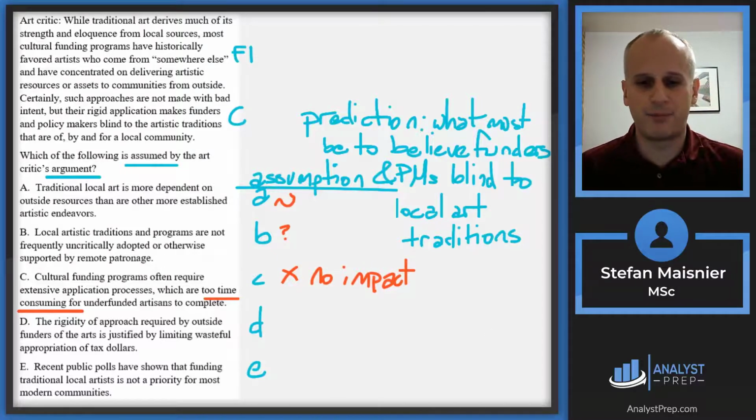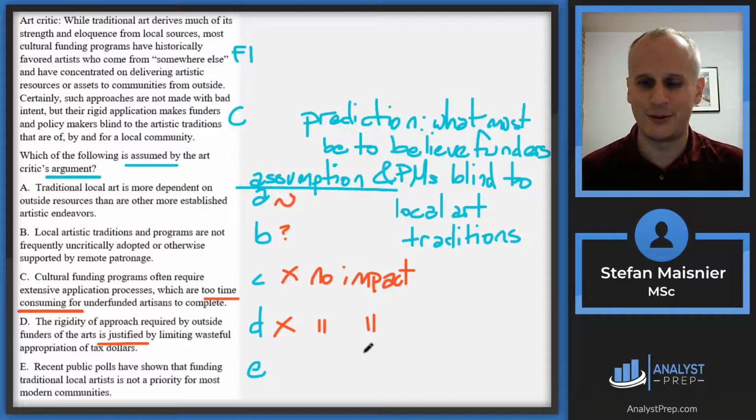The rigidity of approach required by outside funders of the arts is justified by limiting wasteful appropriation of tax dollars. We don't care whether there's a justification. So that is a good reason to eliminate here. You're just like, I don't need it to be justified or not. So again, we can eliminate that for having no impact on the argument. And then lastly, recent public polls have shown that funding traditional local artists is not a priority for most modern communities.